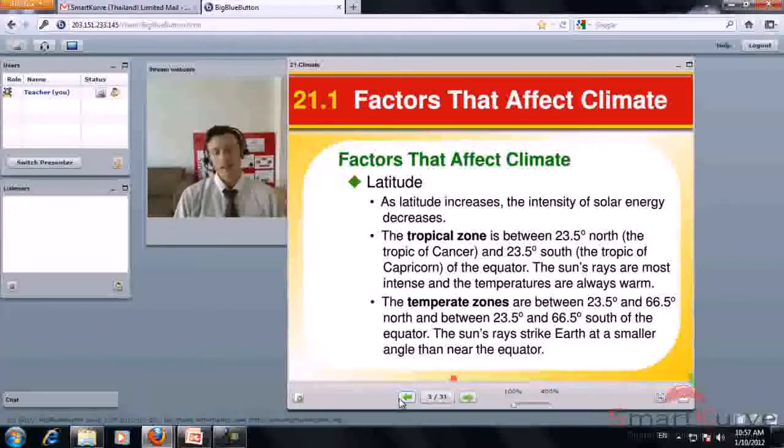Here, the sun's rays strike the Earth at a smaller angle, and so we get less intense solar rays. We get a lower intensity of sunlight, so we tend to find cooler temperatures.